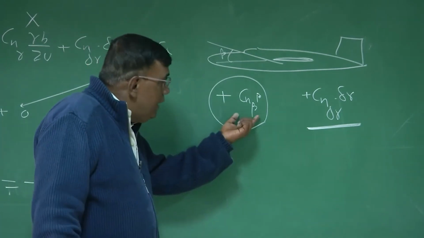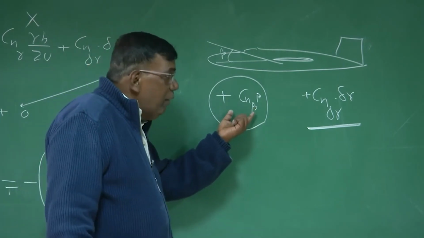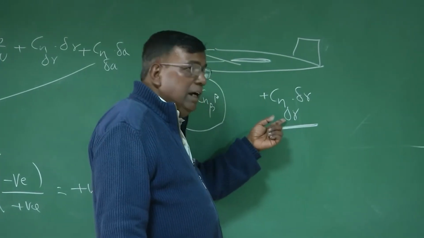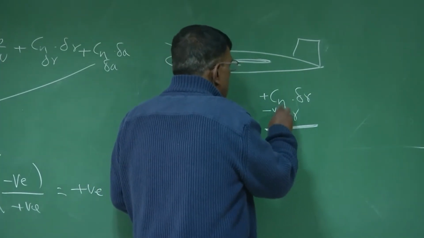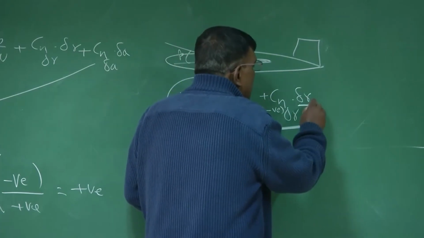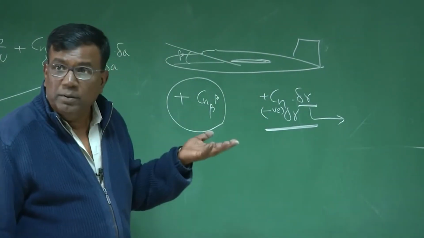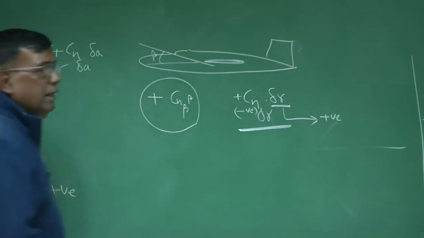That means I have to apply a counter moment equivalent to this contribution. Since this is positive, I have to give a negative moment. And Cn delta R into delta R, Cn delta R sign is negative. Okay. So I have to give delta R which sign? Positive. So I have to give delta R positive. So that is how I study.